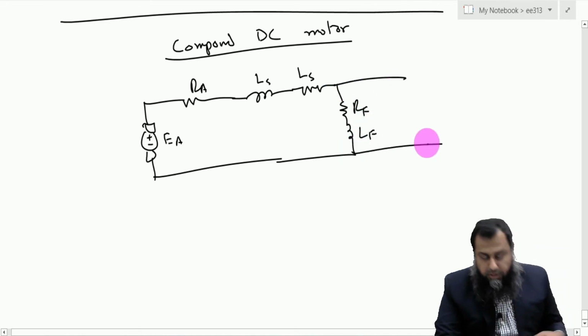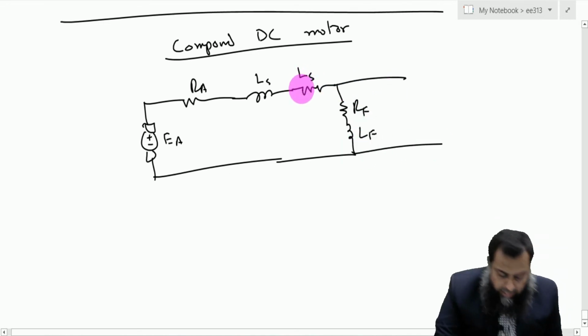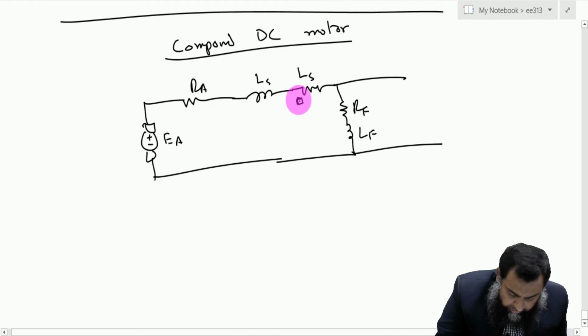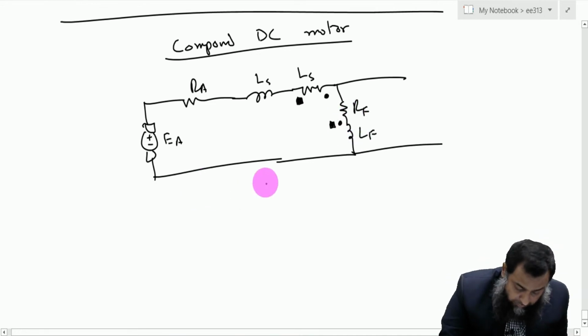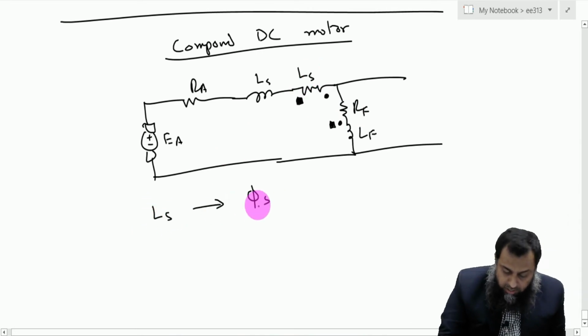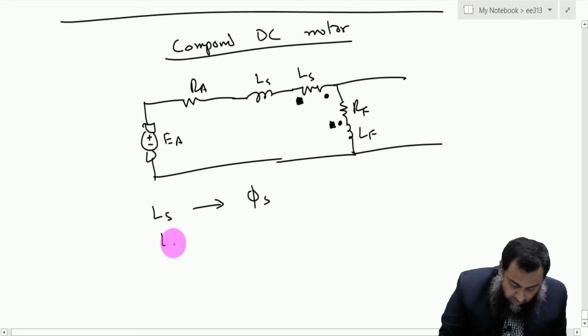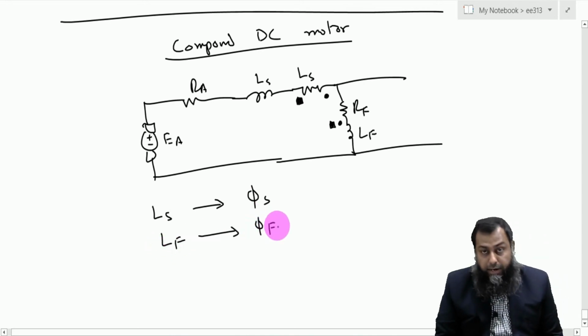But we also have this Ls, and based on this you can see that we can have the connection in two ways. The flux which is produced by this Ls is phi S, and this Lf is also producing a flux which is phi F, right?